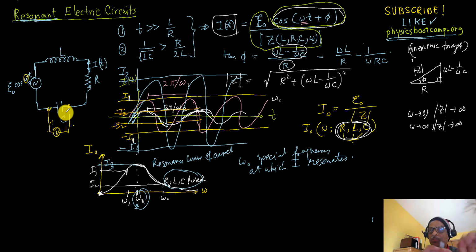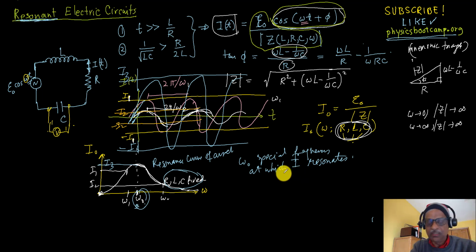So different properties will have a different resonance curve, which usually is not mentioned in the introductory books, but you can work out the resonance curve for any property, and some properties may not resonate, right? But the current will resonate, and so this is called the resonance frequency of current.